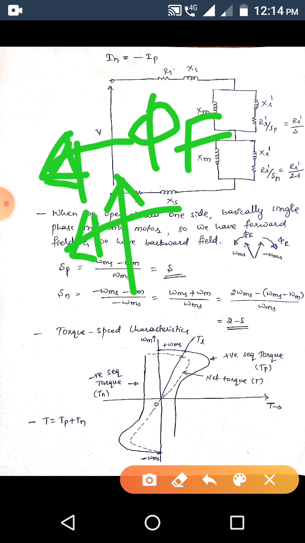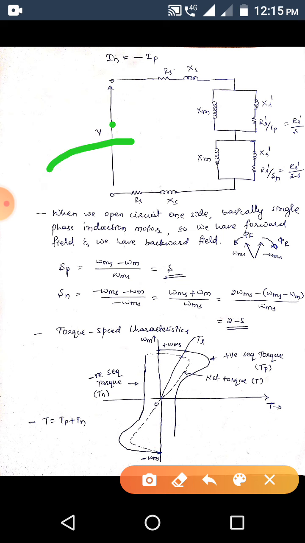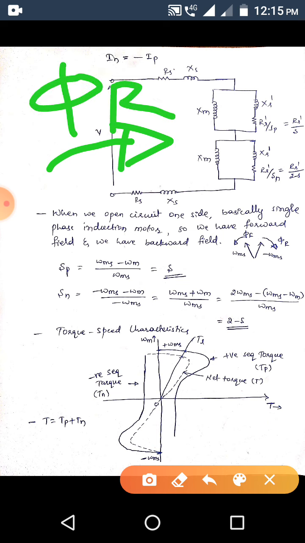If the motor is rotating in a reverse direction, then we have the field in the winding, that will be phi r, the reverse field or backward field, we'll call it.